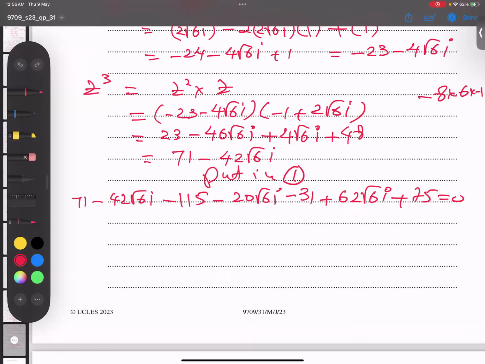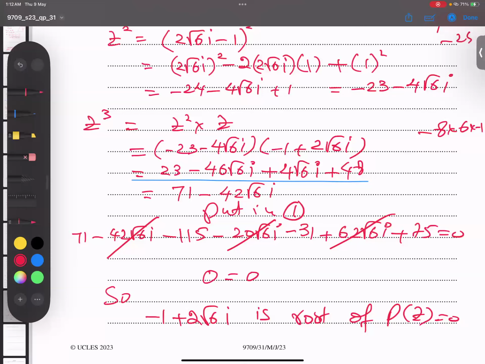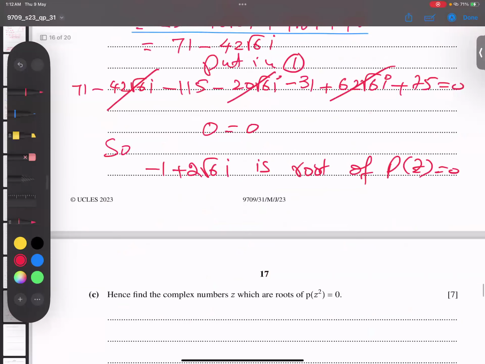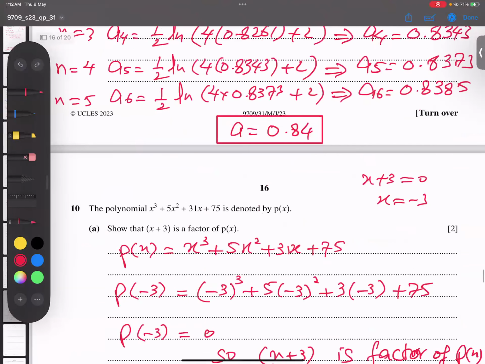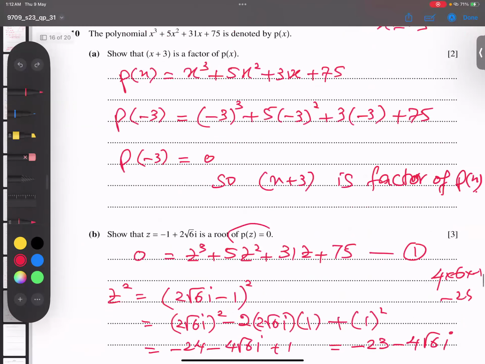Okay, students, what is the next plan? So students, let's start the next part. For a complex number, this Z square is asking equal to 0. But in the previous part we have P of Z equal to 0.